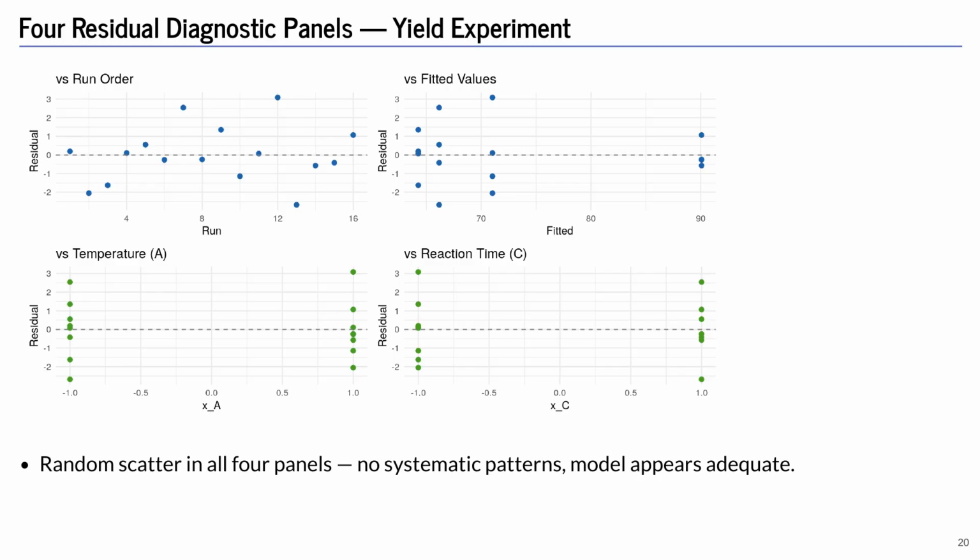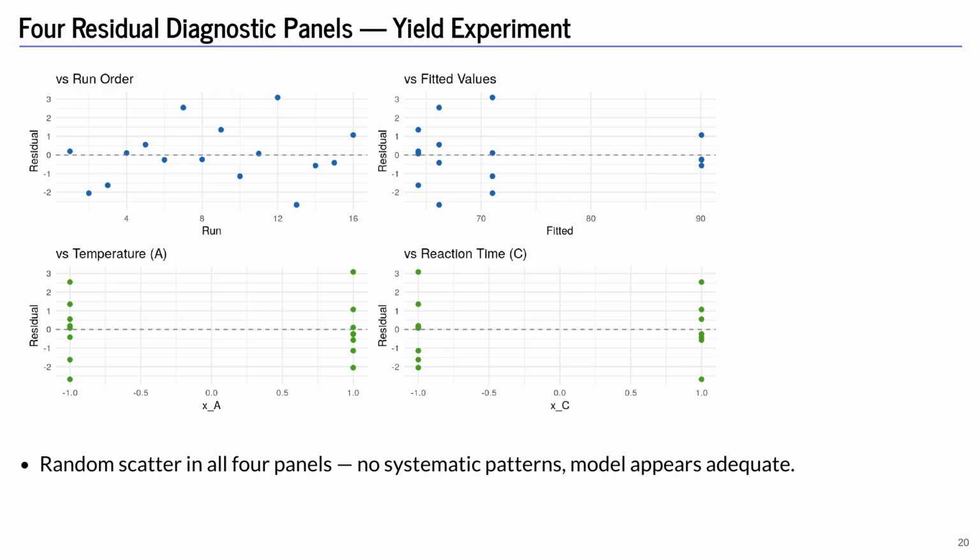In the fitted values panel, the spread of residuals is roughly constant across the range of predicted yields. There is no funnel shape, so the variance is not growing with the mean.